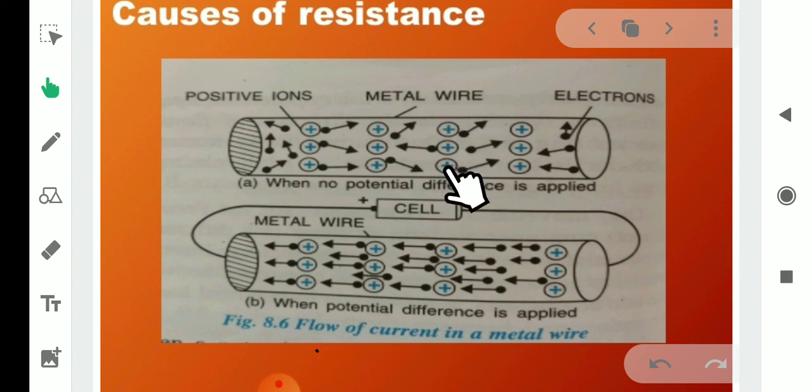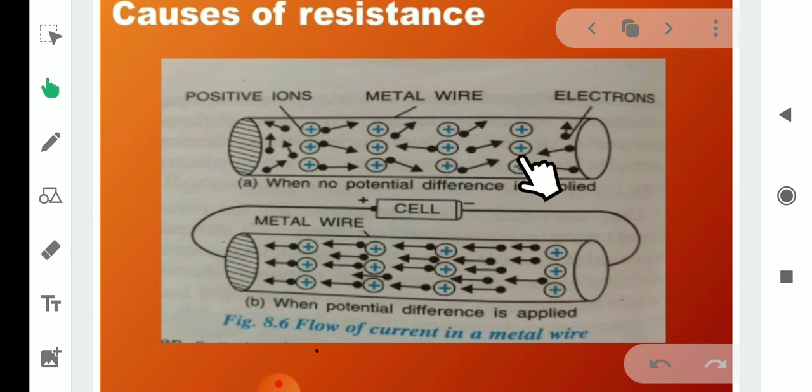These positive ions are formed because of the loss of electrons. So the free electrons collide with each other and with the positive ions.